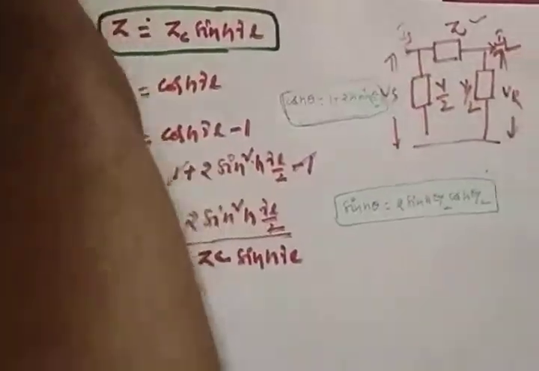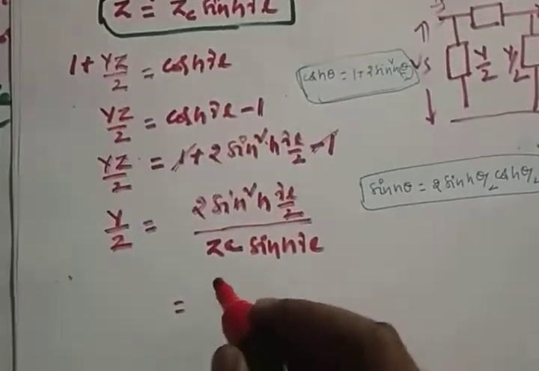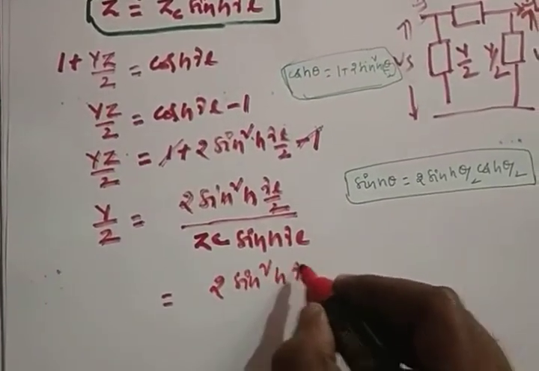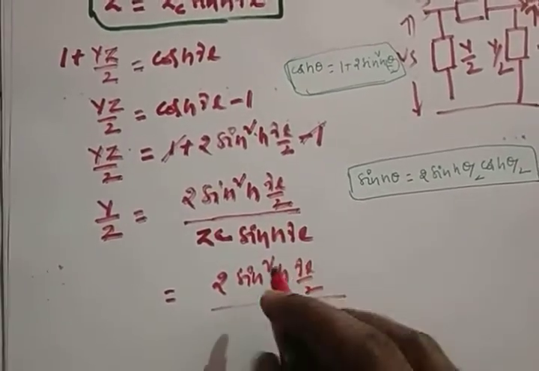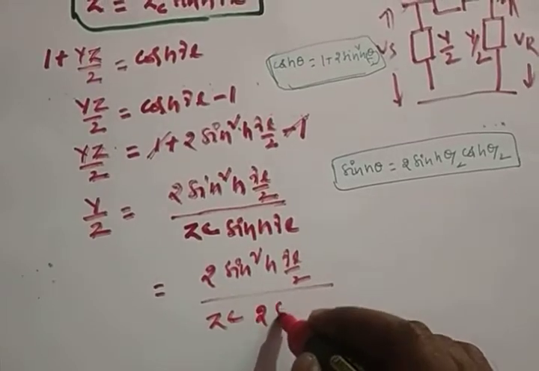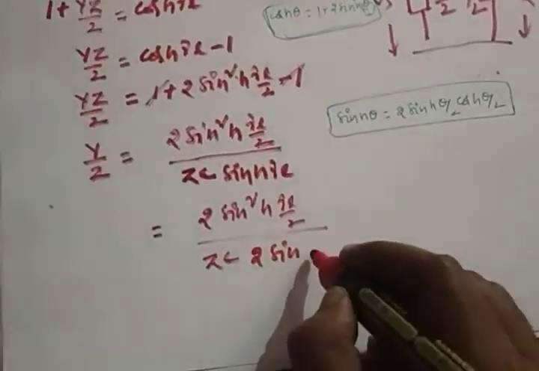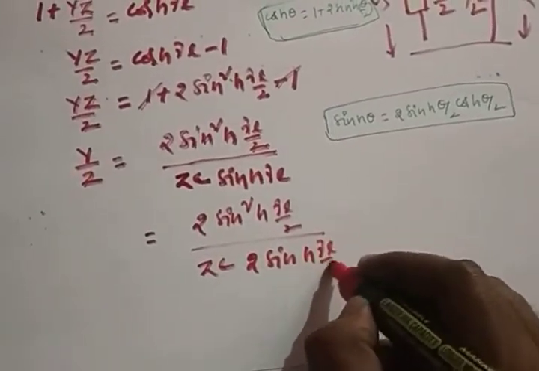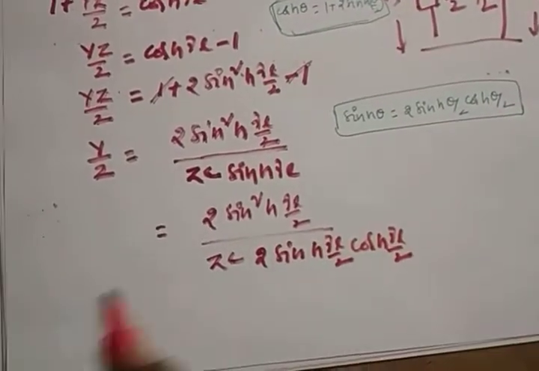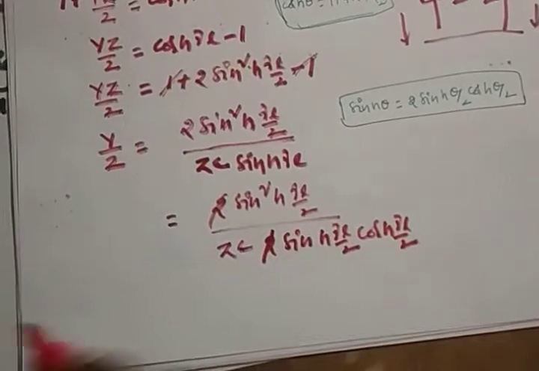Substituting, we get 2 sinh square(γL by 2) by ZC times 2 sinh(γL by 2) cosh(γL by 2). These terms get cancelled.